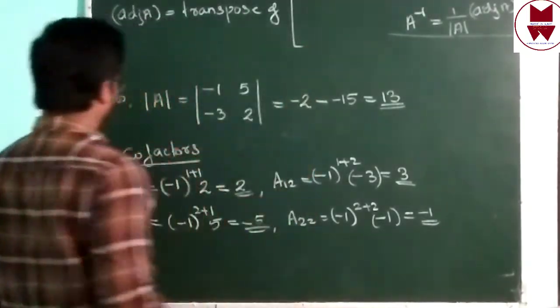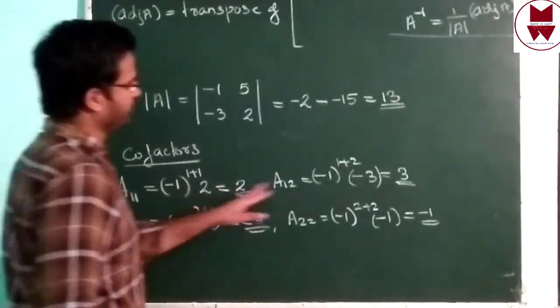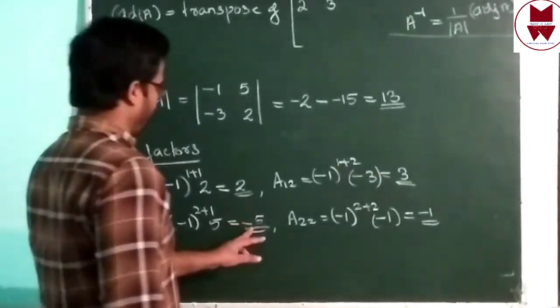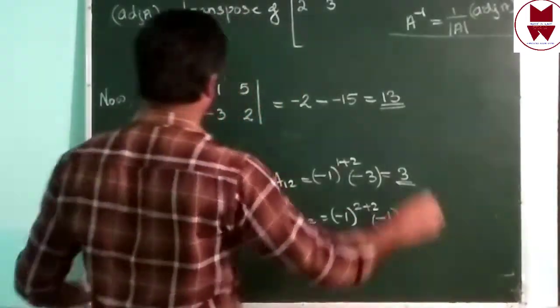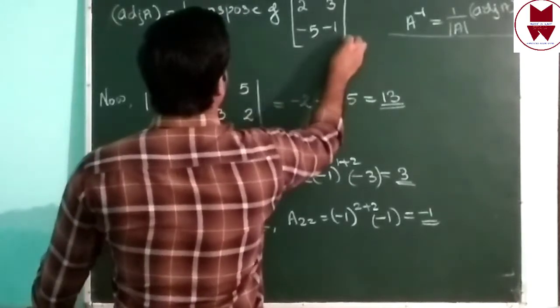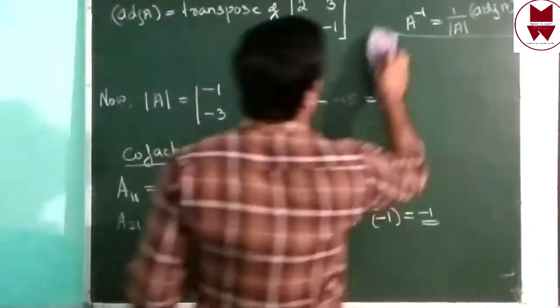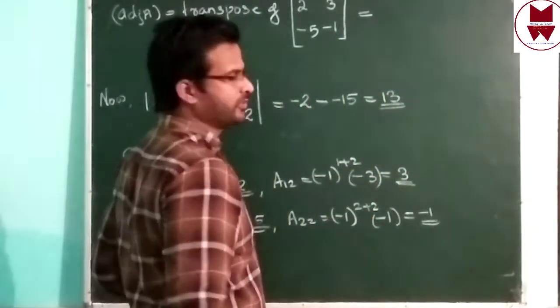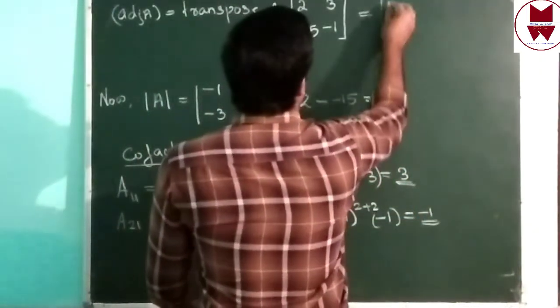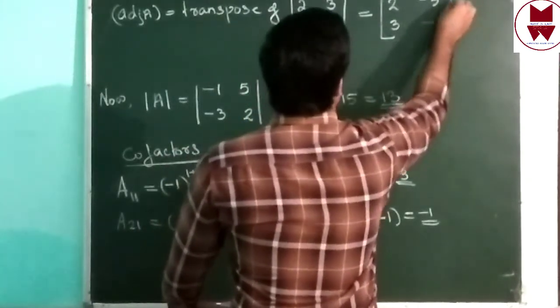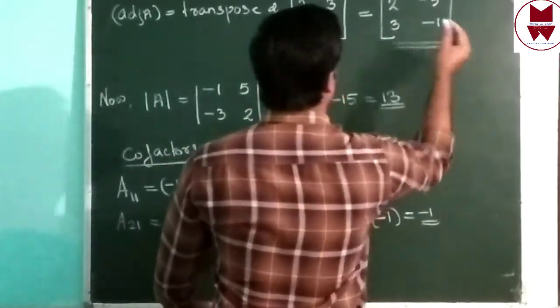Cofactor matrix we can write, already we got it: cofactors 2, 3, minus 5, minus 1. Interchange rows and columns, you will get 2, 3, minus 5, minus 1. Okay.